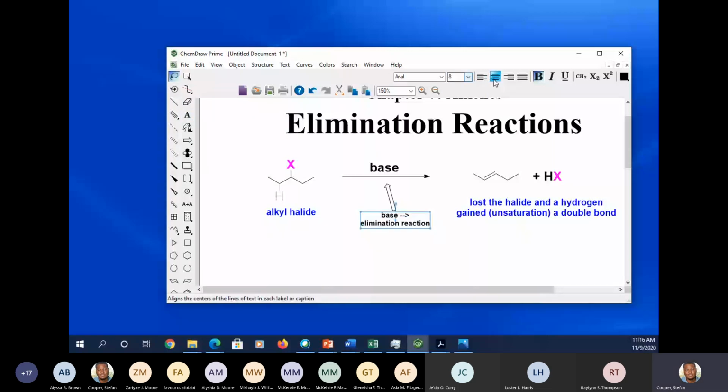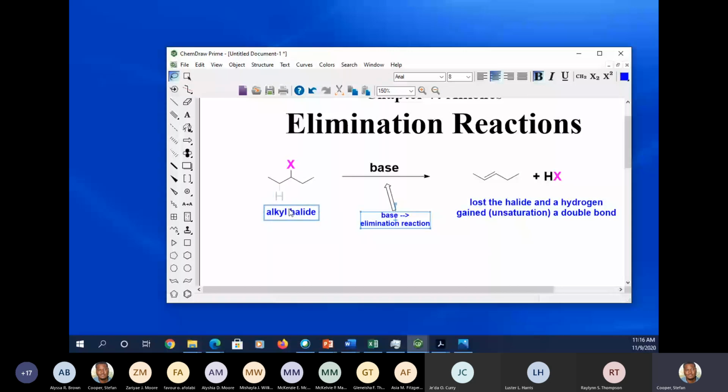Hopefully you can see from the fact that bases are going to extract a hydrogen. If we had to define bases, you know that a Brønsted base is a substance that removes a proton. So for this process to occur, I need to move a proton. Keep in mind, a proton is not a hydride, or a hydrogen.